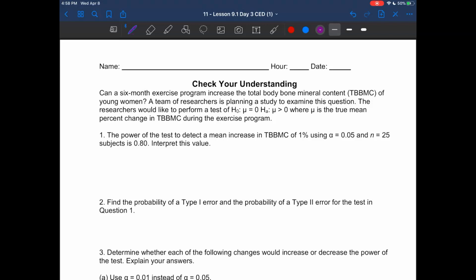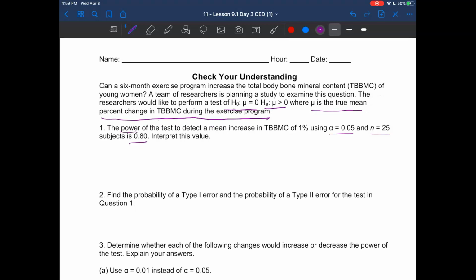The researchers would like to perform a test of our null hypothesis where the mean is equal to 0, and the alternative is where the mean is greater than 0, where mu is the true mean percent change in TBBMC during the exercise program. The power of the test to detect a mean increase of TBBMC of 1% using an alpha of 0.05 and n equals 25 subjects is 0.80.